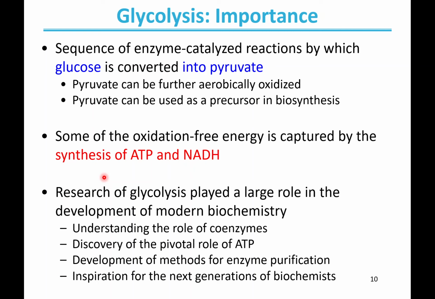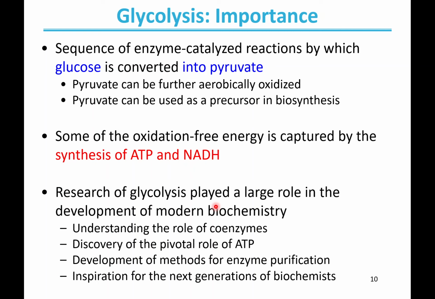Research on glycolysis played a really big role in the development of biochemistry. Since it is such a central pathway, and very simple organisms that are easy to study have glycolysis, it was one of the first metabolic pathways studied.